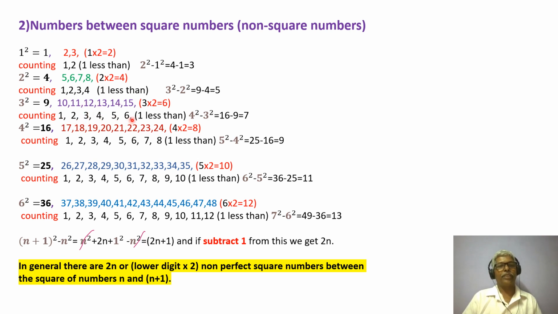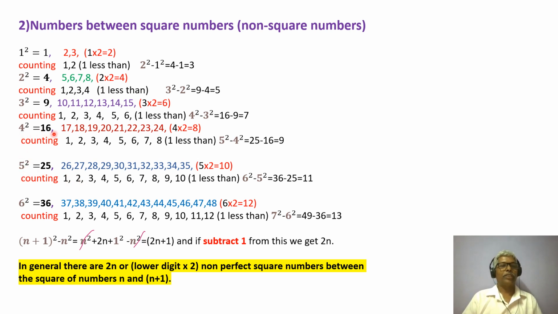This is a pattern called numbers between square numbers, non-square numbers. Here, 4 square minus 3 square is 16 minus 9, which is 7. Subtract 1 from this, you get this number.